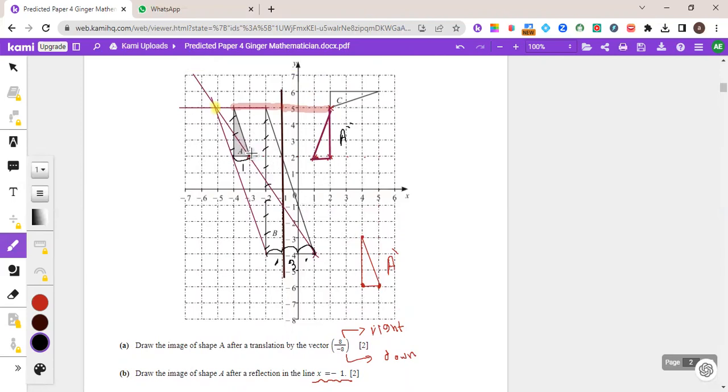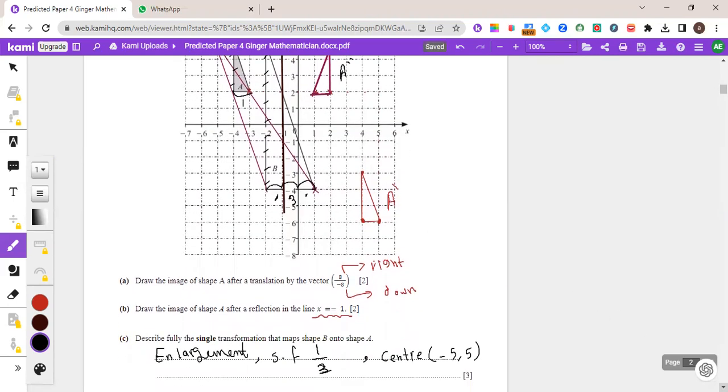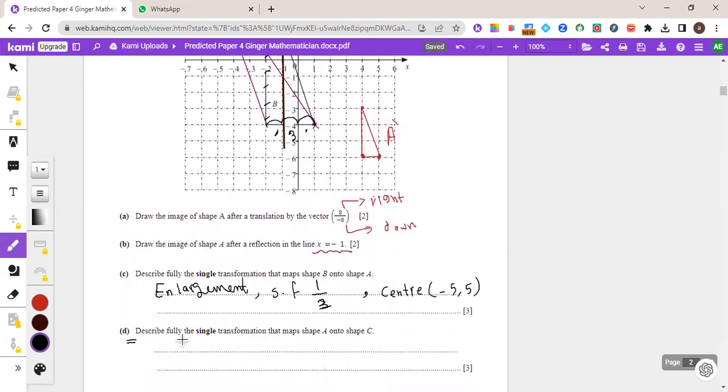So it is rotation. What is the degree of the rotation? 90 degrees. Clockwise or anti-clockwise? Clockwise. So rotation 90 degrees clockwise.